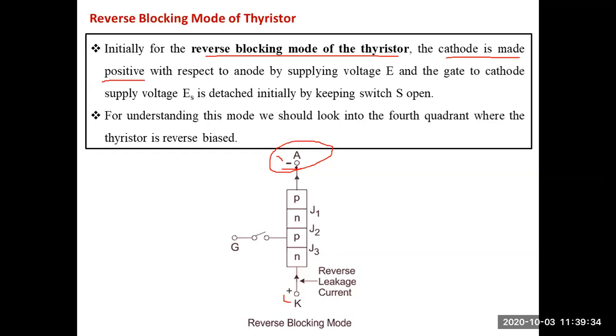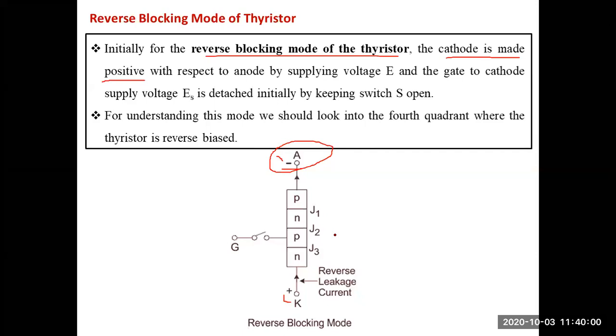For this thyristor, anode is made negative and the cathode is made positive. What about these junctions? The layers will not change, but there will be changes in the width of the depletion layer. We will not focus on those things.